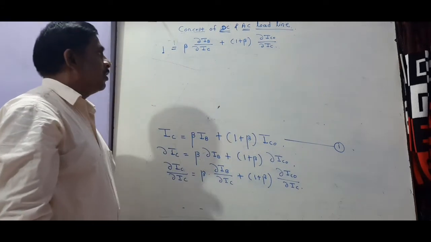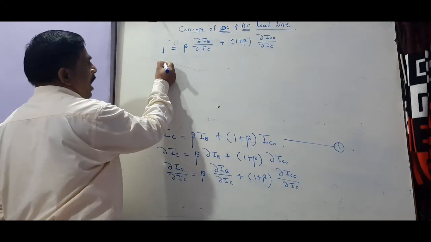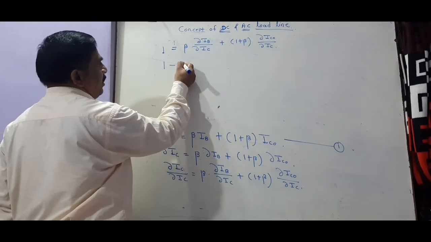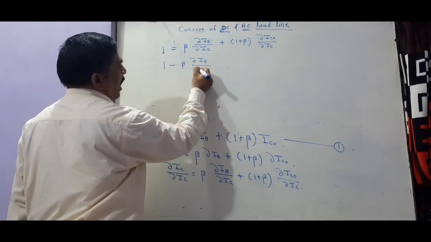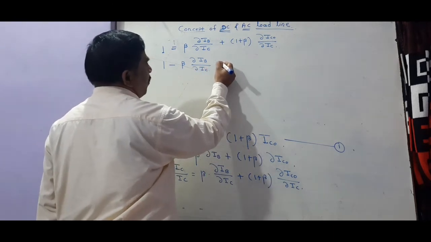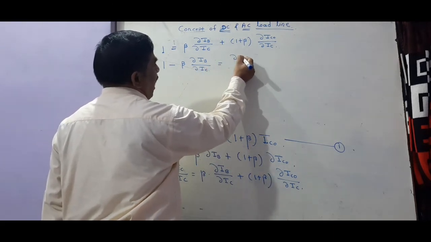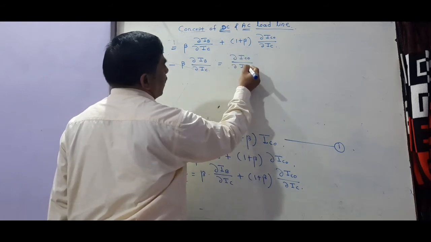Now, 1 minus beta into delta IB upon delta IC is equal to (1 + beta) times delta IC0 upon delta IC.